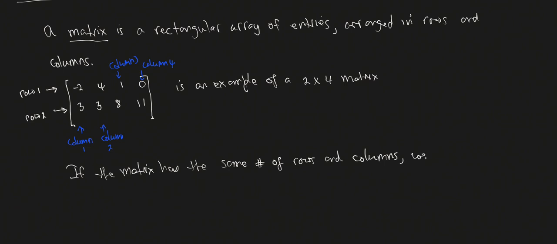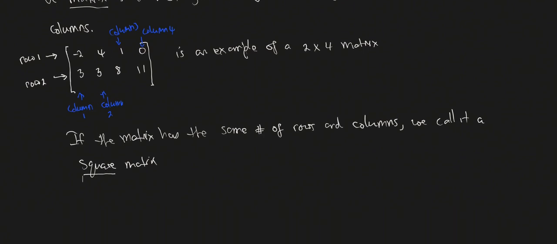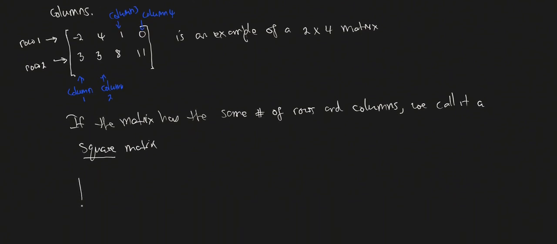Basically, a square is a special case of a rectangle. So this example here is not a square matrix because it has 2 rows but 4 columns. Something like this is a square matrix.